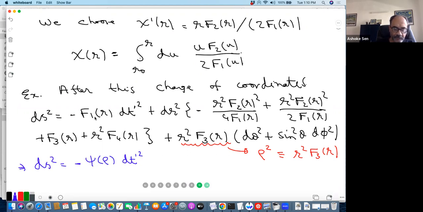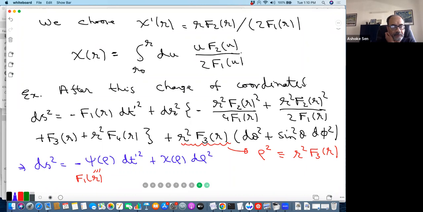What is psi of rho? Psi of rho by definition is f1 of r. It just takes a different functional form because rho is different from r. Then the next term I'll write as plus chi of rho d rho square.